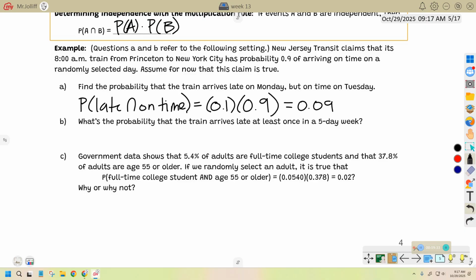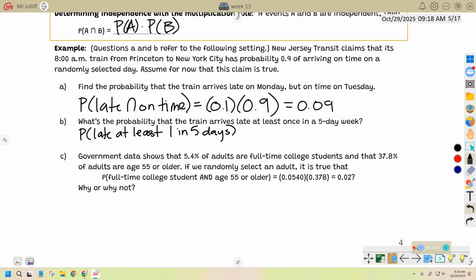That's gross. So I know if it's a 5-day week, that's day 1 and day 2 and day 3 and day 4 and day 5. That's 5 numbers multiplied together.